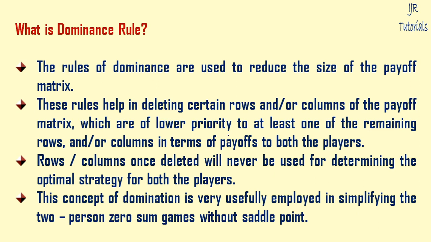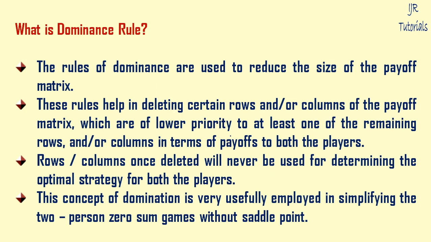So the meaning of this point is that we have to reduce the matrix by deleting certain rows and columns. Third, rows or columns once deleted will never be used for determining the optimal strategy for both the players.